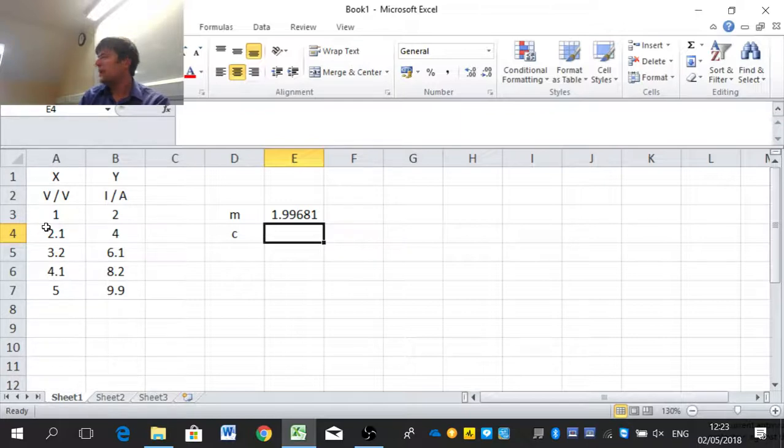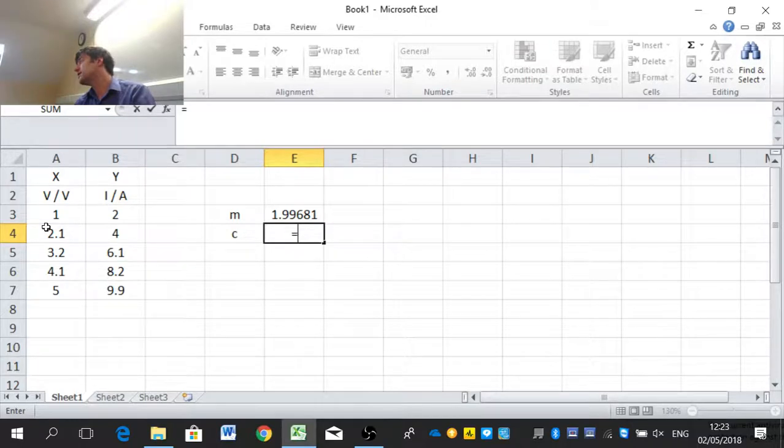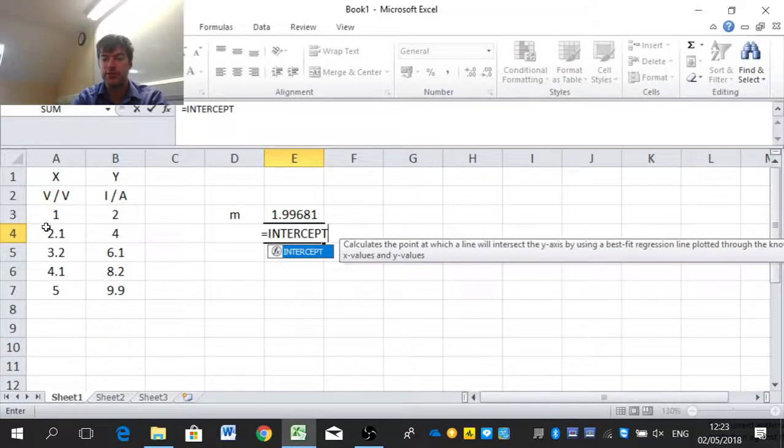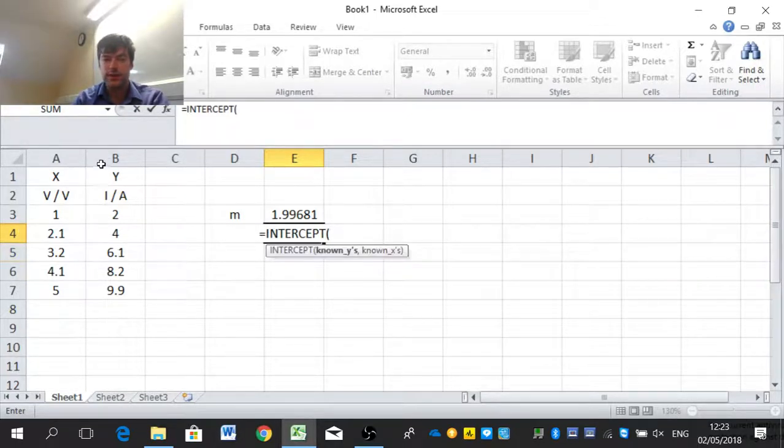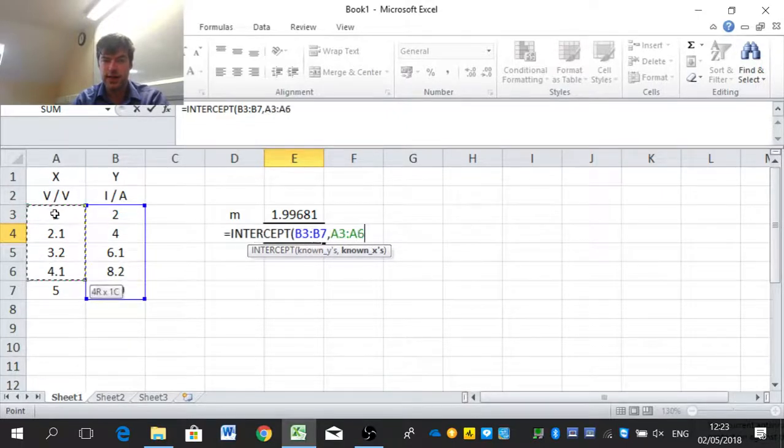Now, what do you think is the name of the function for the c? Think about what the c is called. Constant. You're close. It's actually called the intercept on the program. So intercept, bracket, y's, comma, x's.